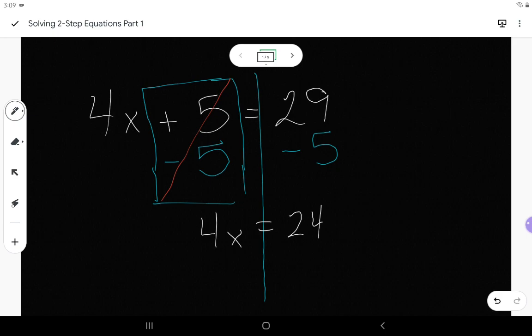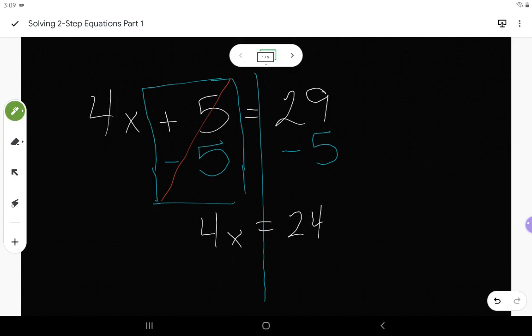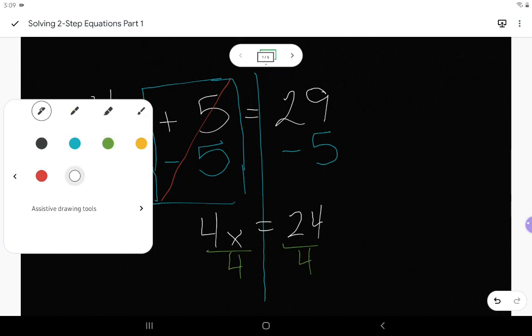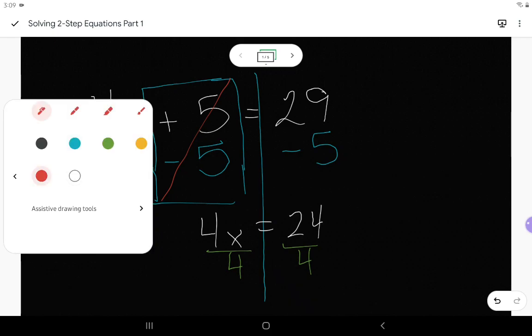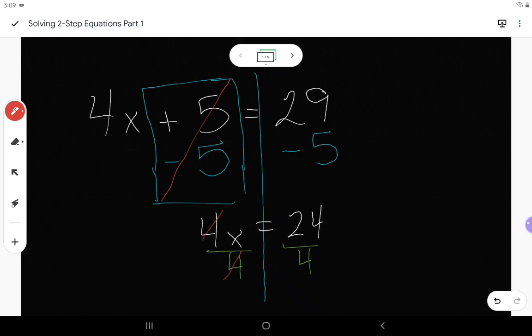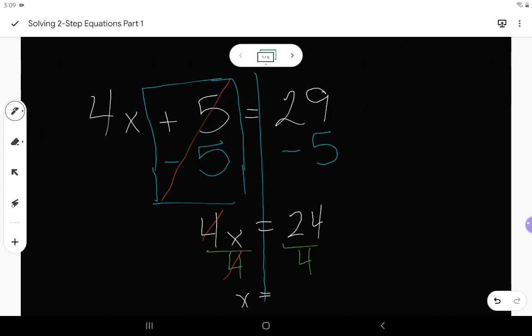And so now this says 4 times x is equal to 24, and so the opposite of multiplying x by 4 would be to divide x by 4. And again, what I do on one side, I must do to the other. That cancels out my 4's on the left-hand side, and now we have x is equal to 6. Okay, that would be our answer.